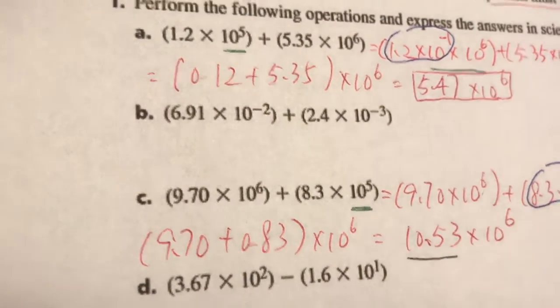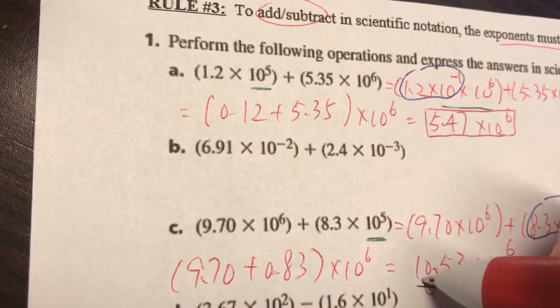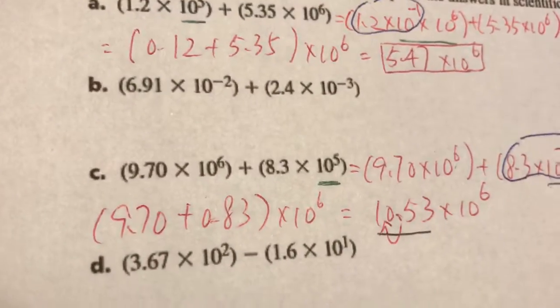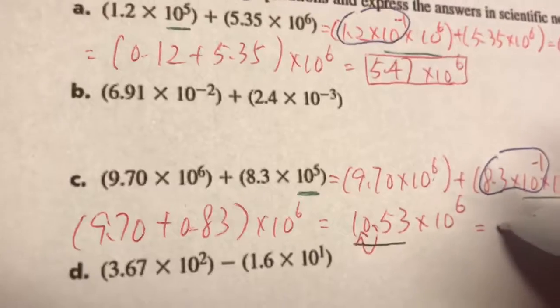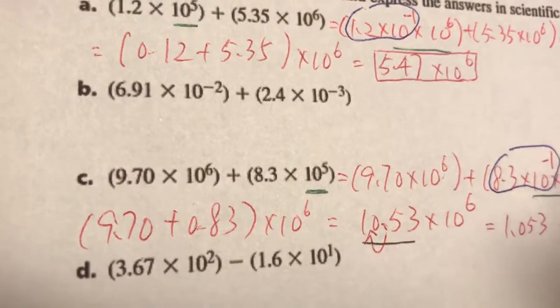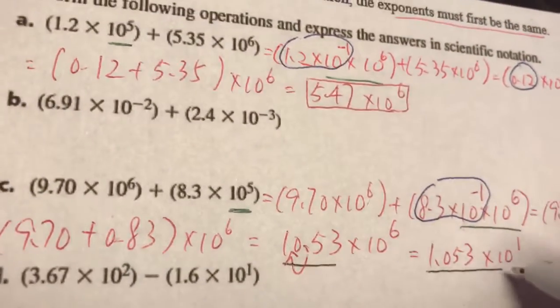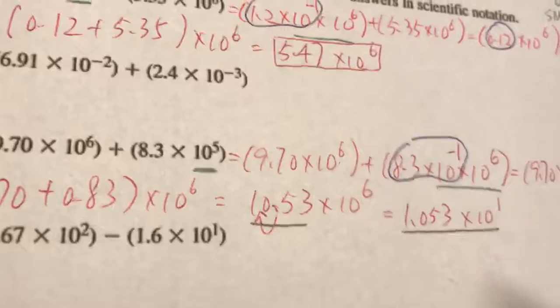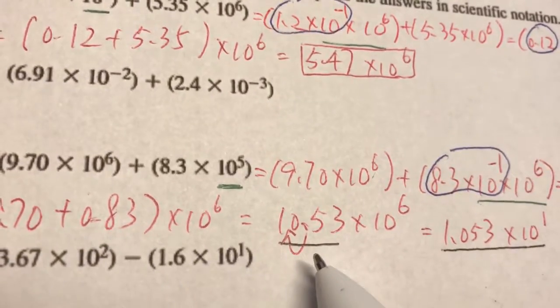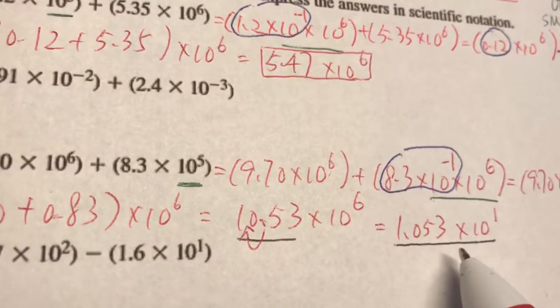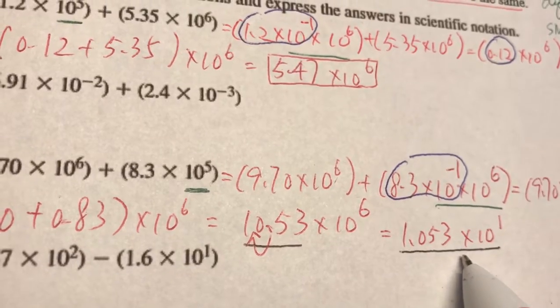It's not. So we have to move the decimal point 1 to the left-hand side. So this becomes 1.053 times 10 to the power 1. Now this part is the black part only, okay? 10.53 equals 1.053 times 10 to the power 1.